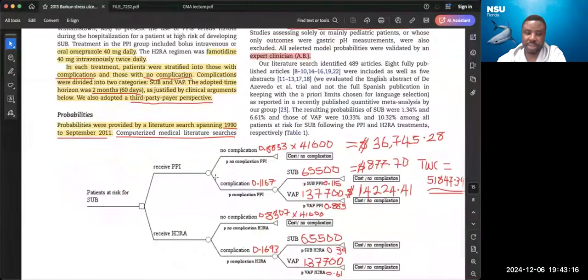This is the PPI arm, and this is the patient with the stress ulcer bleeding. I put the 11.5, divided it by 100, and I have 0.115. And for the VAP, I divided by 100 again, and I had 0.885 as the probability of developing VAP in the PPI arm.